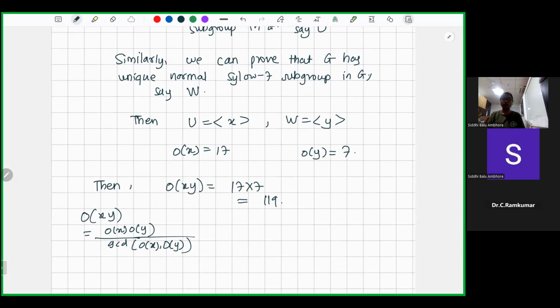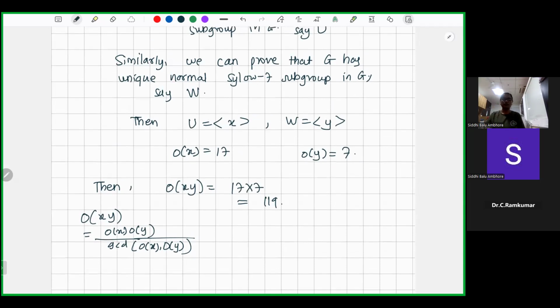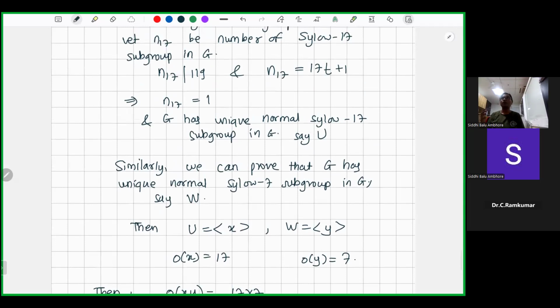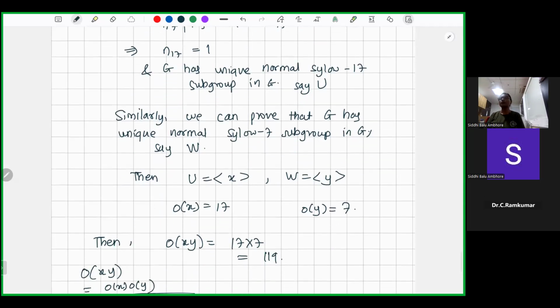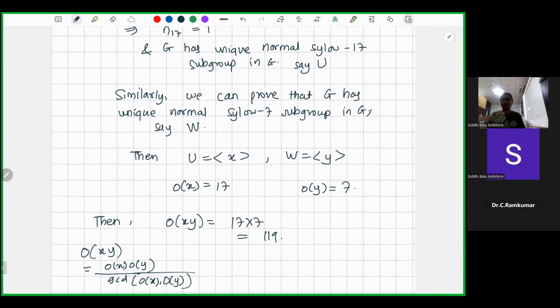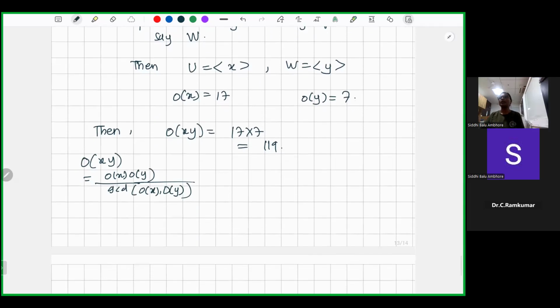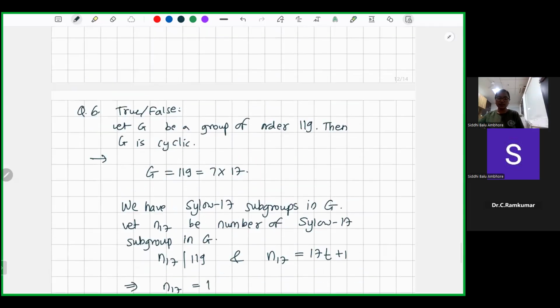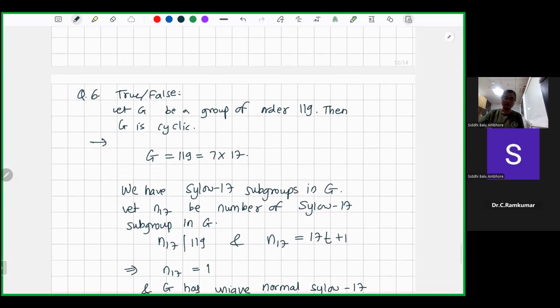If I have a group of order pq, and I just proved that we have a unique normal subgroup of order p and a unique normal subgroup of order q, then since both of them are cyclic, the product of their generators will be an element of order pq, since their GCD is 1. And that element will now generate my whole group. And this will again give me that G is a cyclic group. So this is also true.